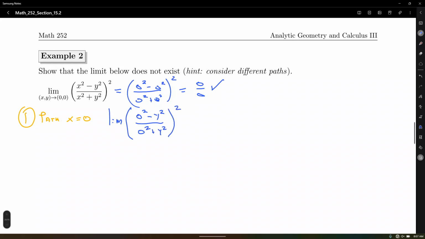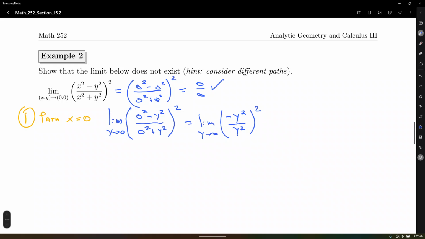Now, notice how our limit expression only depends on y. So this is no longer a two-variable limit. This is just a single variable limit. So we don't need to put x approaches 0 and y approaches 0. We only need to put y approaches 0. So the notation here is very important. That's going to leave us with the limit of negative y squared over y squared as y approaches 0.